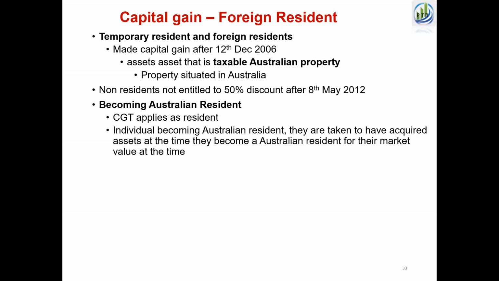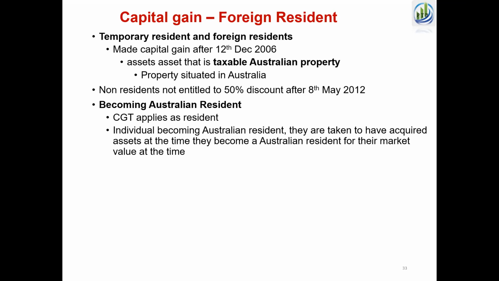Assume that on 1st of January 2020, they valued the property at $490,000. Now, how much is the capital gain? The capital proceeds are $500,000 and the cost base is $490,000. So that $10,000 is the capital gain.